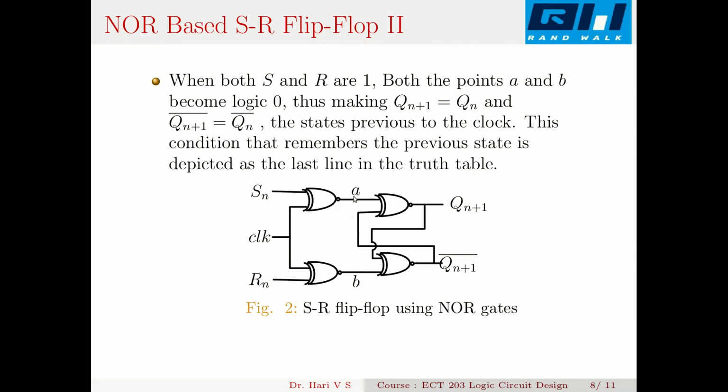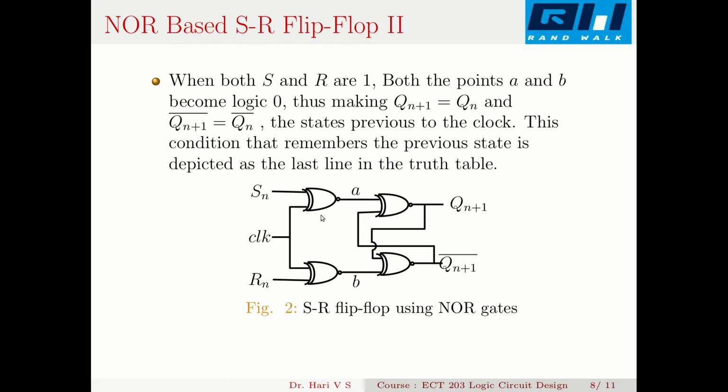If B is 0, then here Q complement comes; 0 NOR Q complement, or all complemented, becomes a Q here. And Q comes here, and Q NOR 0 becomes a Q complement here. So that means it remains in the previous state. So if the clock is active high here, that means the circuit is not enabled. The inputs have no effect on that. The outputs remain latched in the previous states.